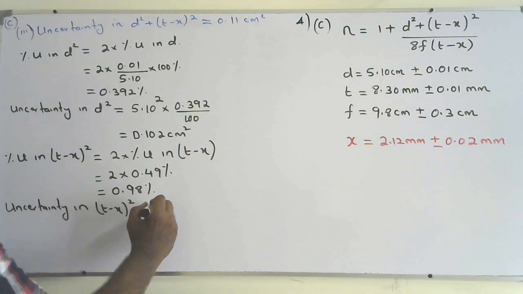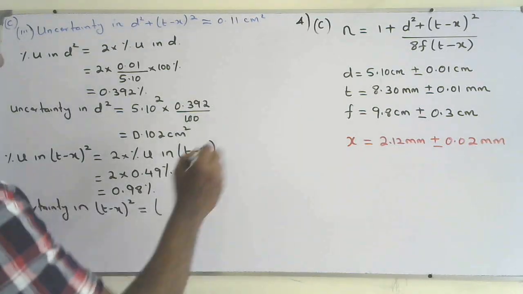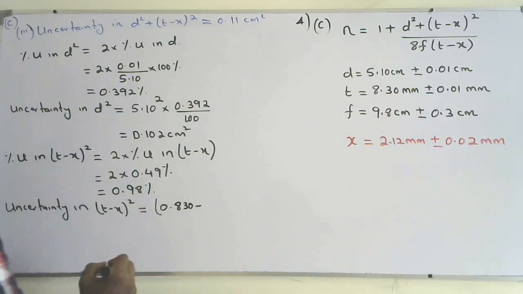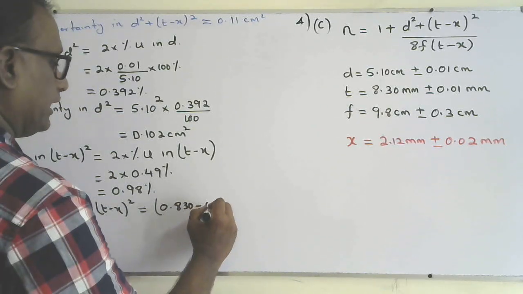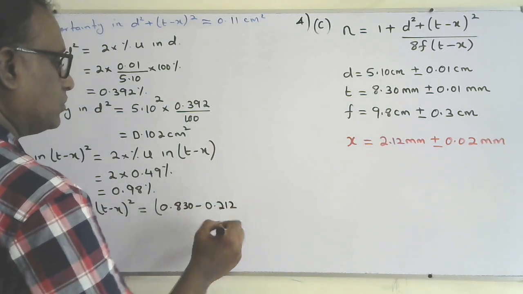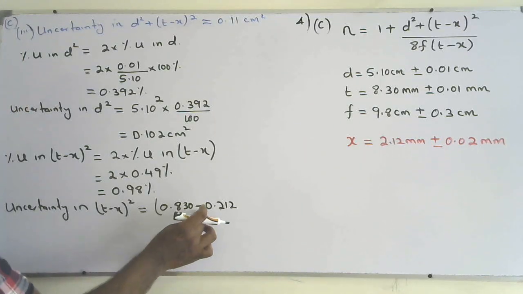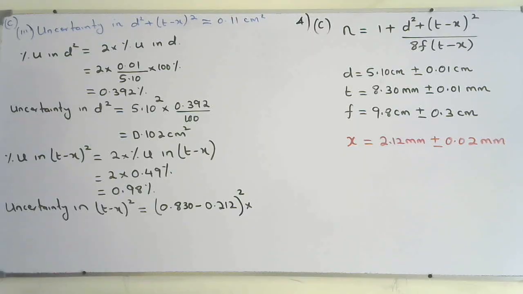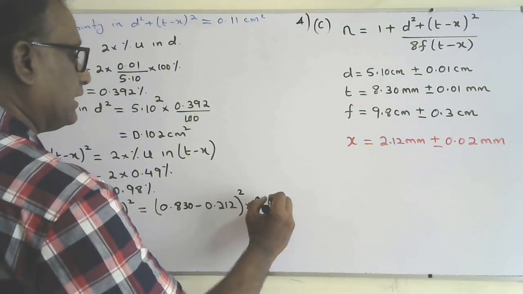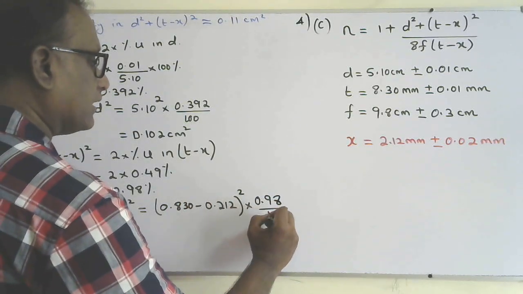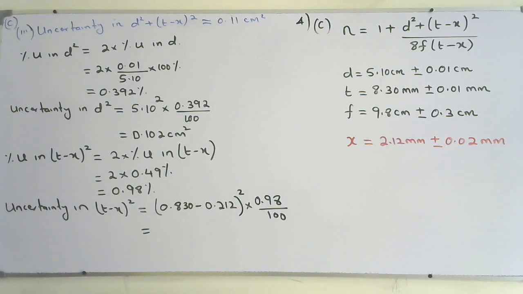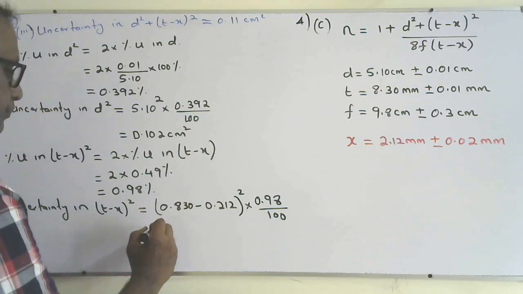So I can do like this: 0.830 minus 0.212. So that is t minus x all things squared into 0.98 over 100. So there you will get the uncertainty in t minus x all things squared will be 0.004.